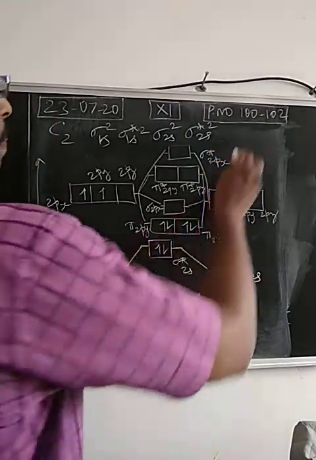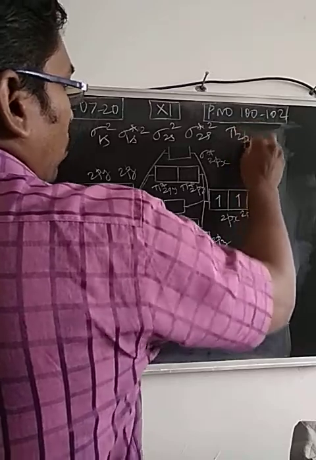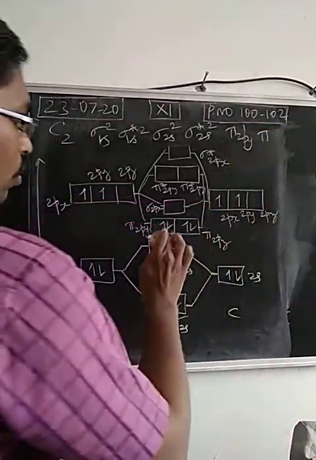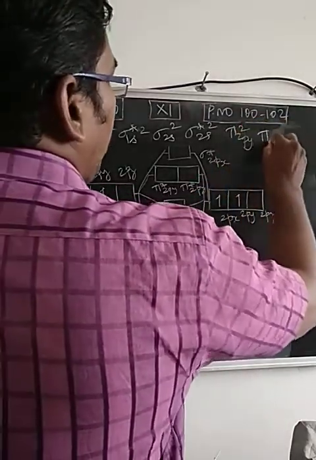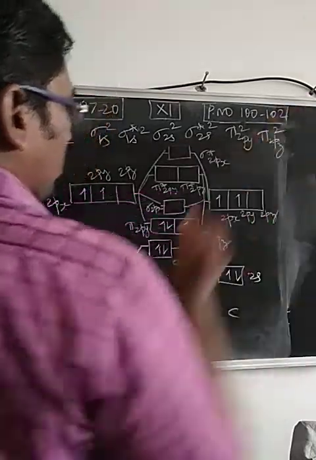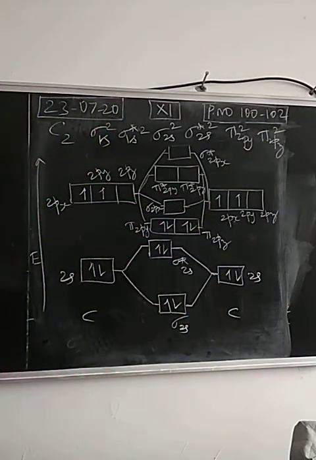Next, pi 2py2, pi 2pz2. So this is the electronic configuration of the molecule based on the molecular orbital diagram.